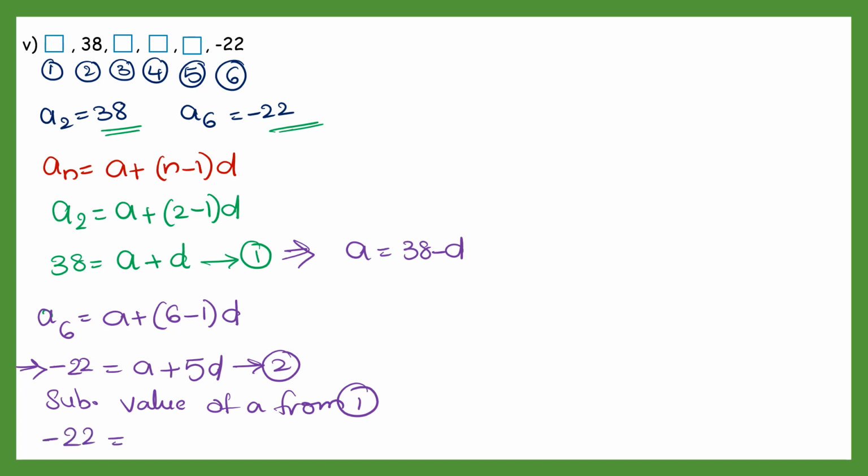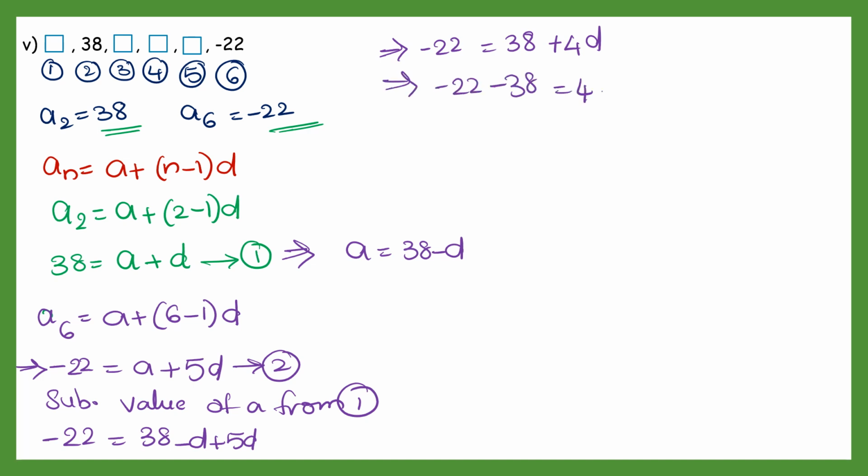Minus 22 is equal to 38 minus D plus 5D, which is 38 plus 4D. That means minus 22 minus 38 is equal to 4D. So you get minus 60 is equal to 4D.